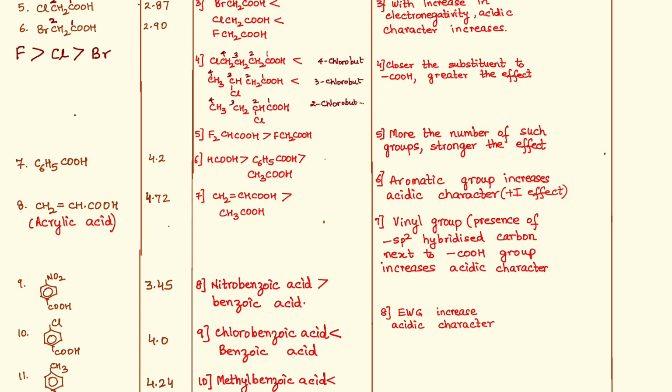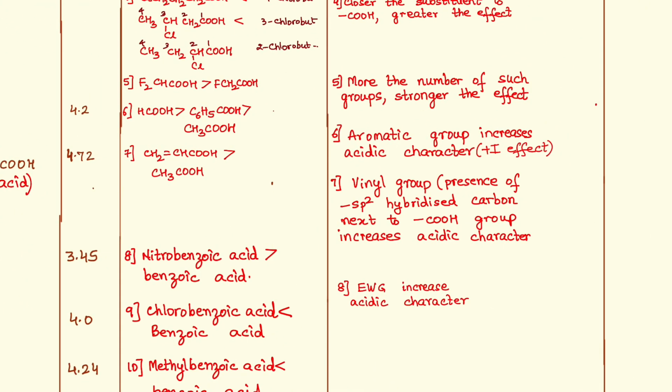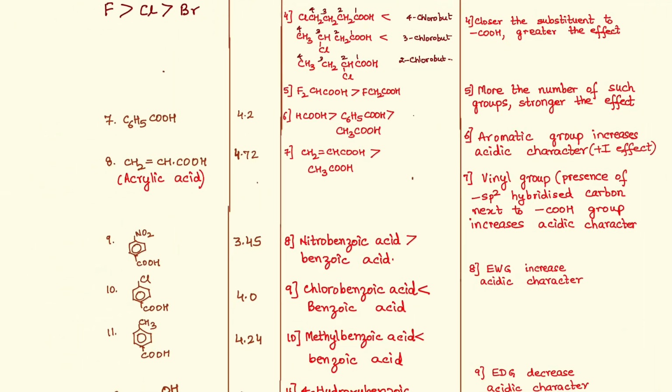So when I arrange them, methanoic acid, benzoic acid and ethanoic acid, the order is HCOOH, C6H5COOH and then acetic acid. Meaning to say, if there is an aromatic group present, does it increase or decrease the acidic strength? Yes, it increases the acidic character, because of the plus I effect, or what is that? Yes, resonance, remember? And we are going to discuss that a little later.